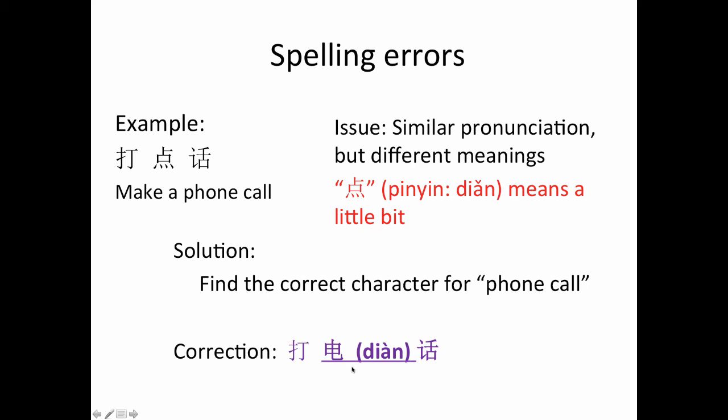So in order to correctly express the meanings, we need to choose dian as a character. So that's why we need to say da, dian, hua. In Chinese, there are some characters which sound similar but have different meanings. So when you type one essay or write an essay, please pay attention to the spelling part.